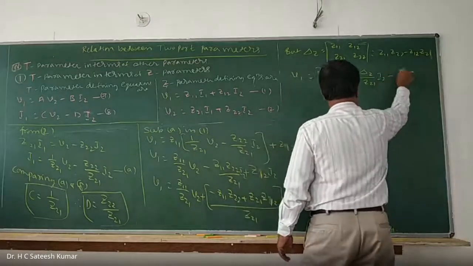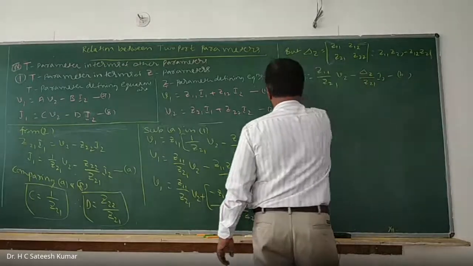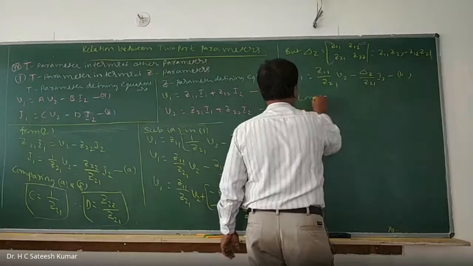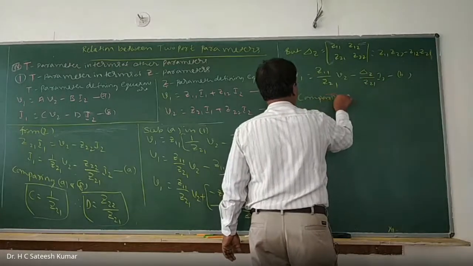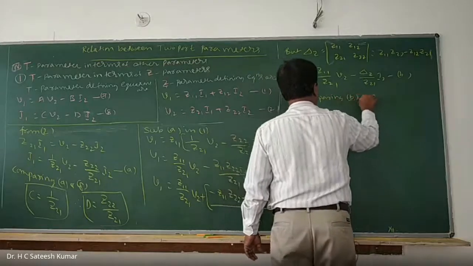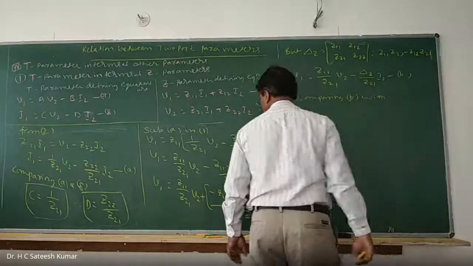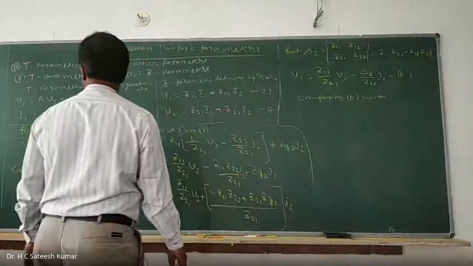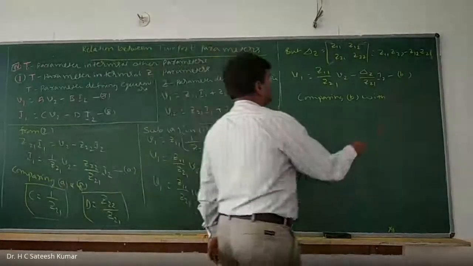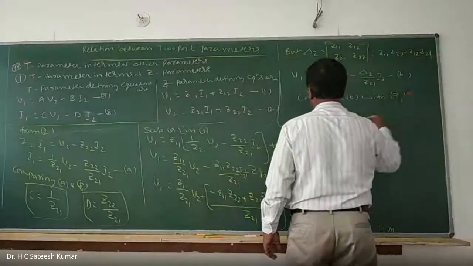Call this equation B. Comparing B with the V1 equation, which is equation 7, what will you get?